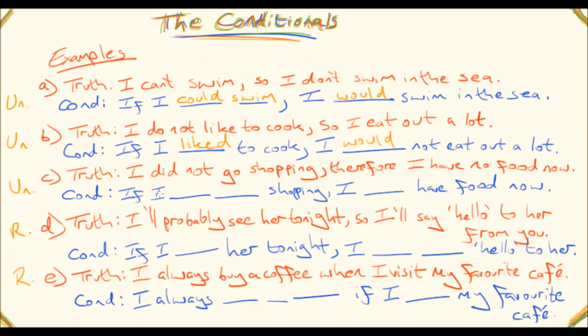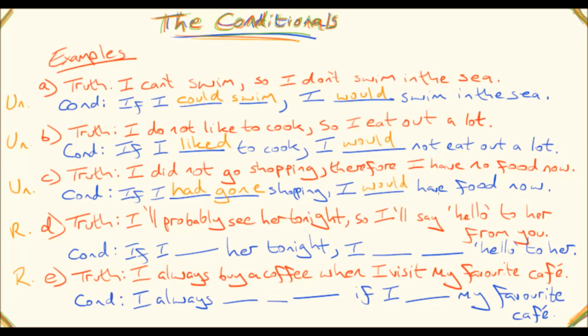C, the truth: I did not go shopping, therefore I have no food now. However, now what tense is did not go? That's past simple. What does past simple backshift to? That's right, past perfect. Let's make the negative positive. If I had, and then rule number 2, gone shopping. And now this is what the traditional system would call a mixed conditional, but I just completely disagree. I would.